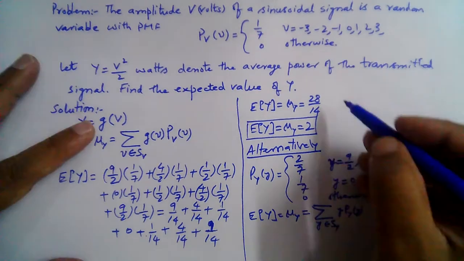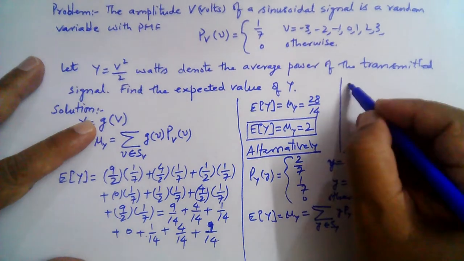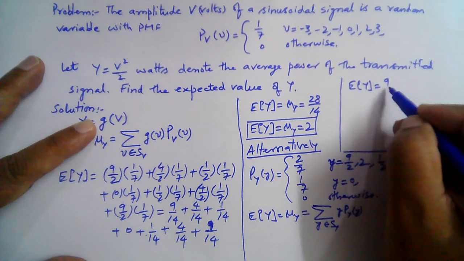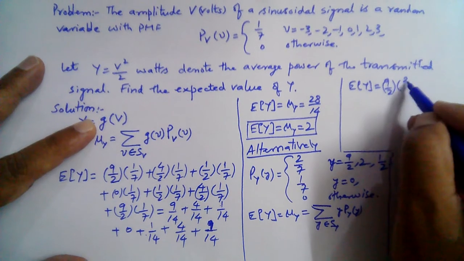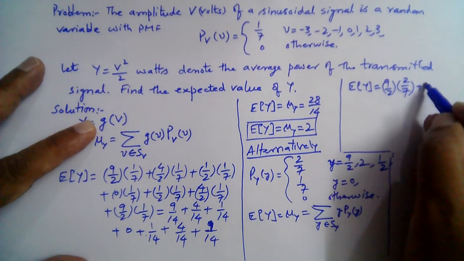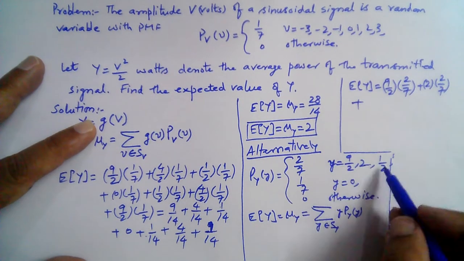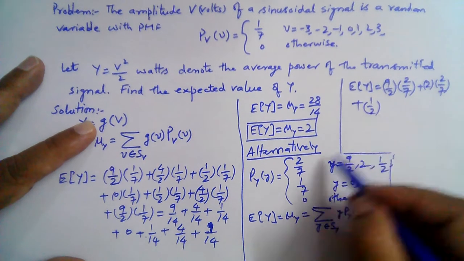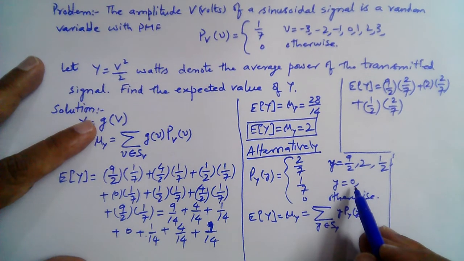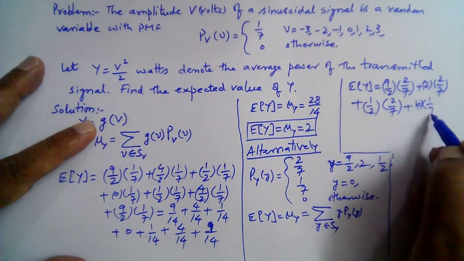So for example, in this case the expected value of y is 9 over 2 multiplied by 2 over 7, then 2 multiplied by 2 over 7, plus 2 multiplied by 2 over 7, then 1 over 2 multiplied by 2 over 7, and then 0 multiplied by 1 over 7.